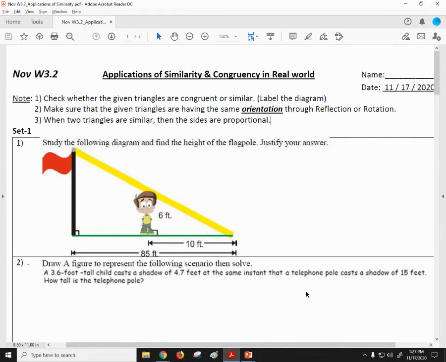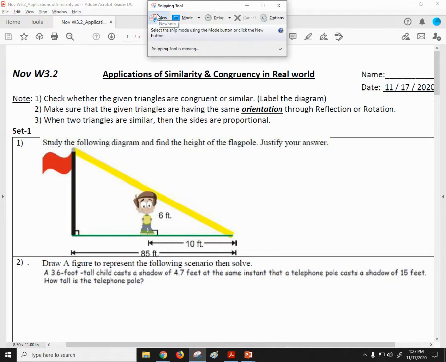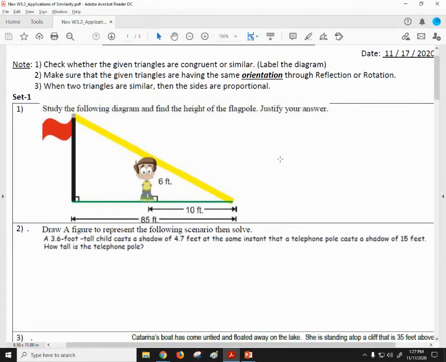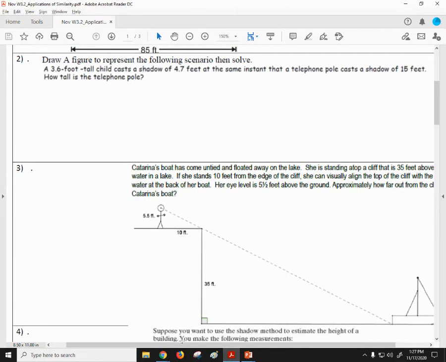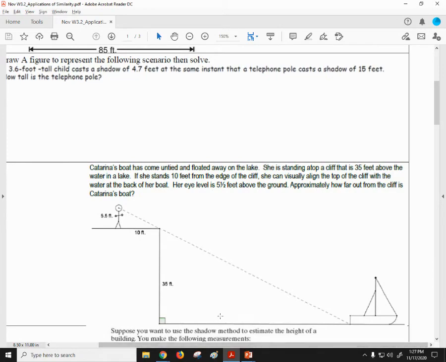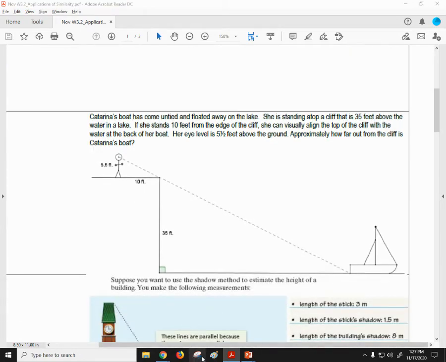When two triangles are similar, then the sides are proportional. You have to use this concept. So let me take one question. The first question we already discussed, this kind of scenario. Even the second question we also discussed. Let me take the third question.